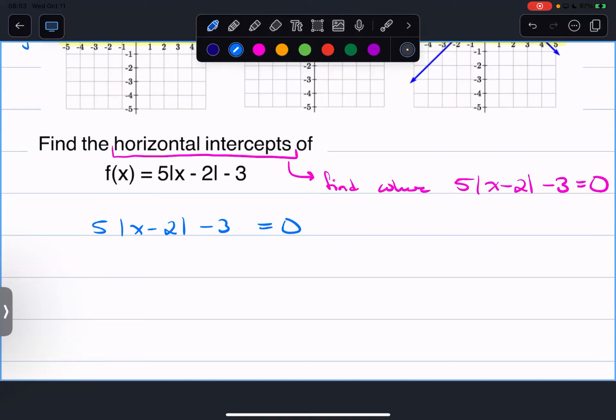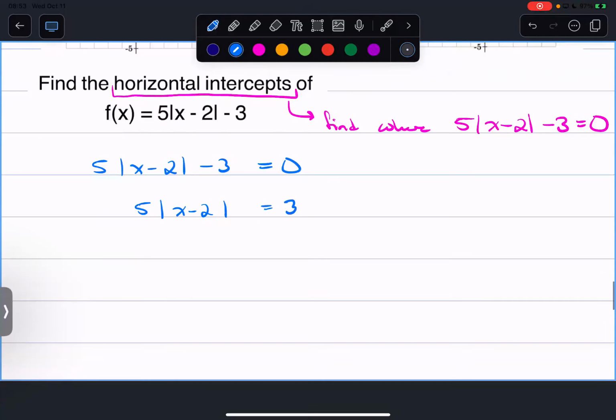Same deal, I want to get x minus 2 on its own, so I have to shake off the 5 and the minus 3. I can do that, right? What do I have to do first? I have to add 3 to both sides, and then I have to divide by 5. So I get 5 times the absolute value of x minus 2 is equal to 3. Absolute value of x minus 2 is 3 over 5.